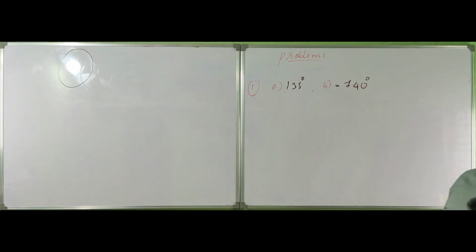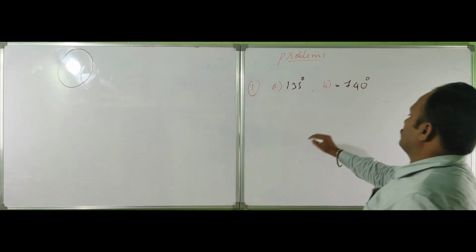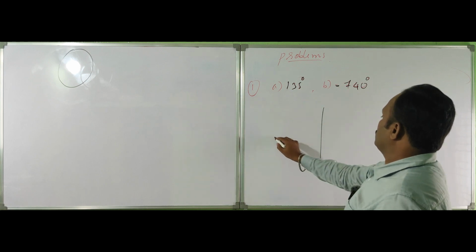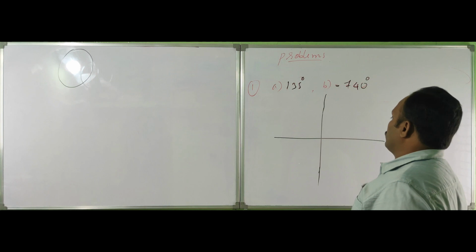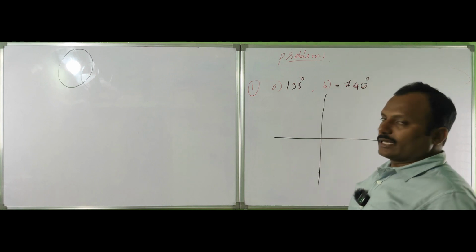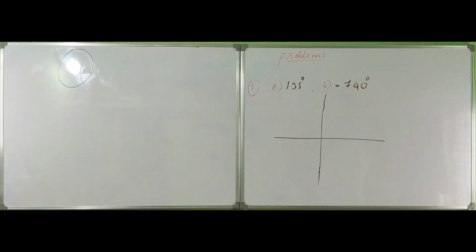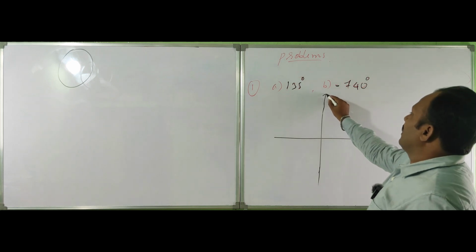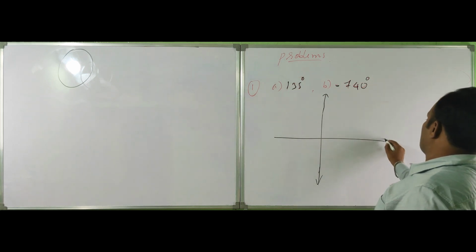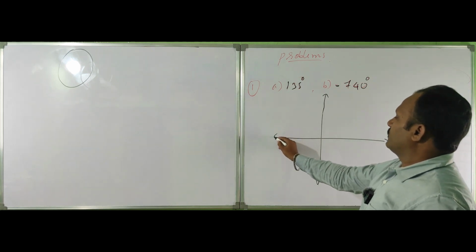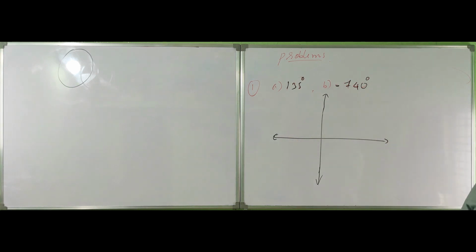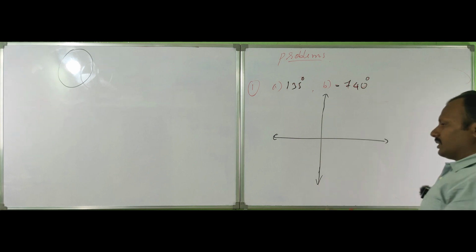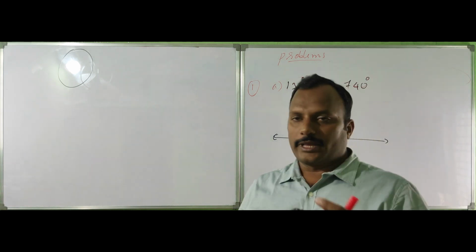You have already studied the circle. These are two perpendicular lines called reference axes, already studied in graphs, for understanding two-dimensional shapes. This is the reference axis.